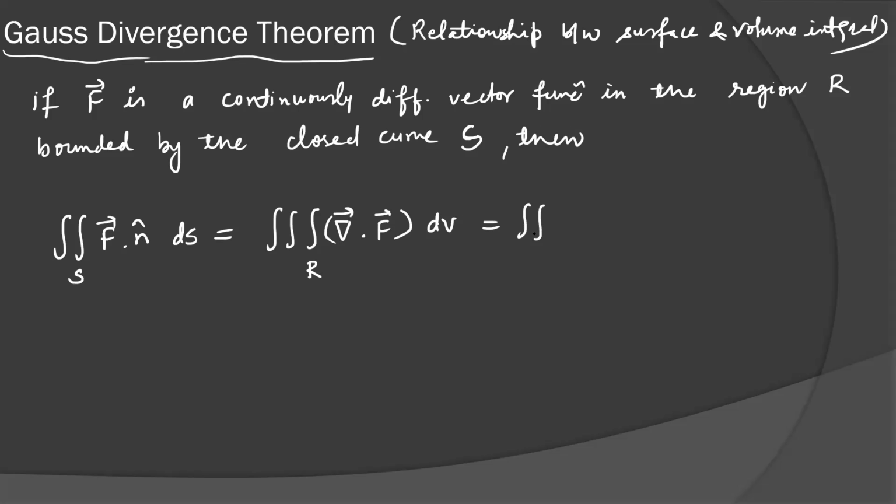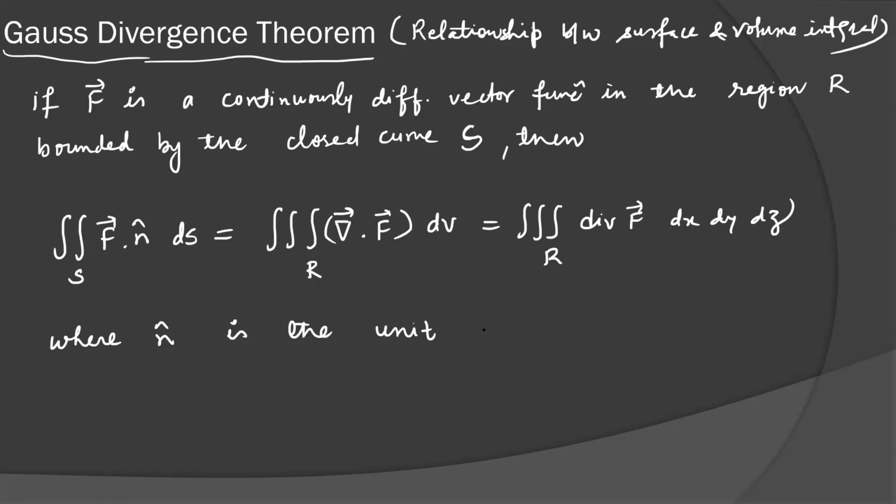If you want, you can also write it like this: divergence of f vector, and dv is dx dy dz. It's a volume element, where n cap is the unit external normal vector.